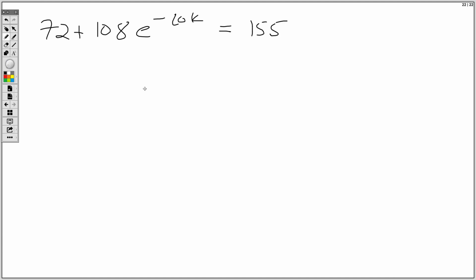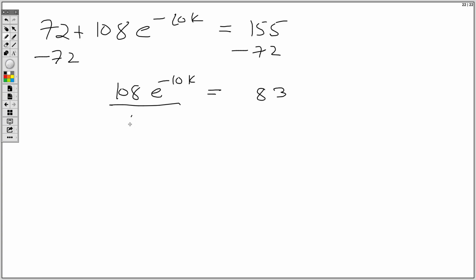So I'm going to subtract 72 from both sides. So I got 155 minus 72. Was that 83? Divide both sides by the 108.